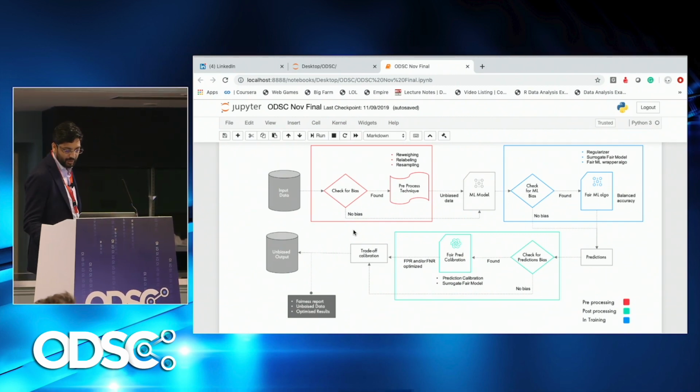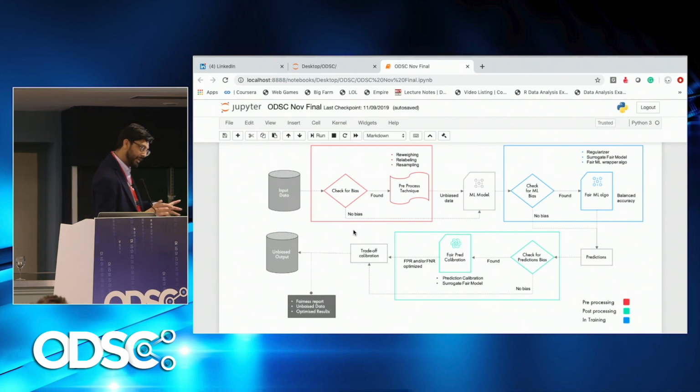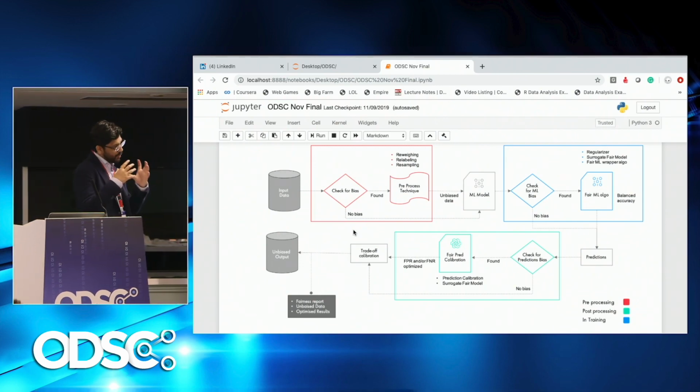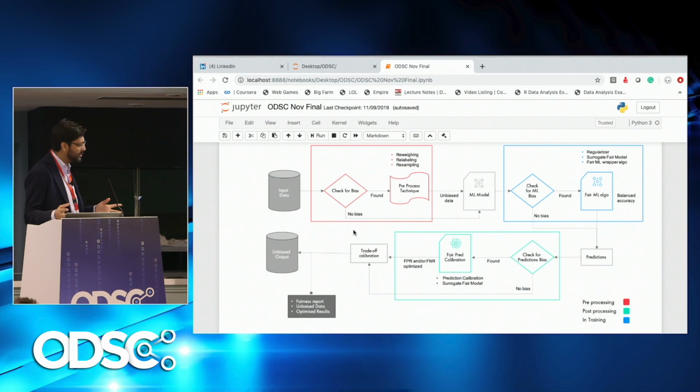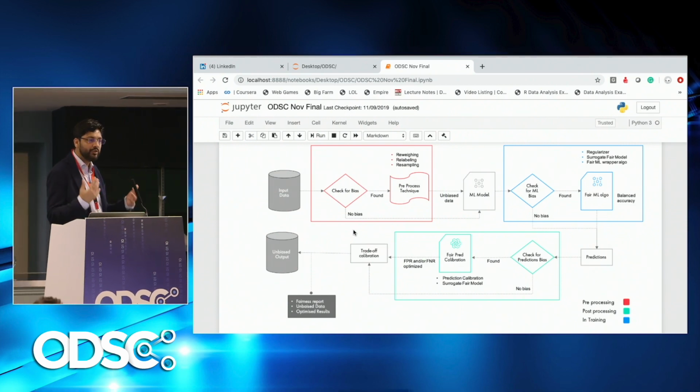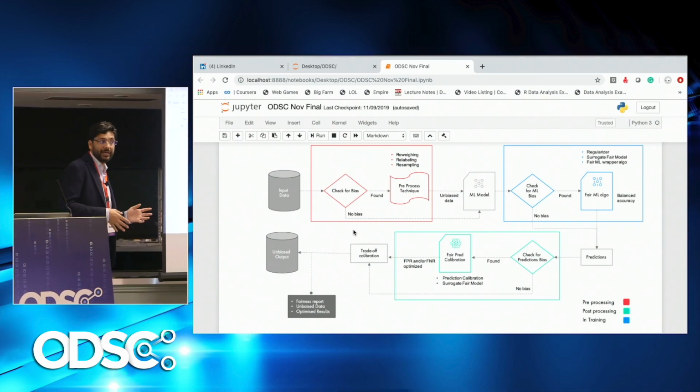And then you have a model wherein you create a model. When your model is trained and tested, we'll take the model and check for bias in it. If found, we will use some algorithm to remove this bias. If not, we will use that model for predictions. Once I get my prediction, I'll again check for bias in my predicted data.